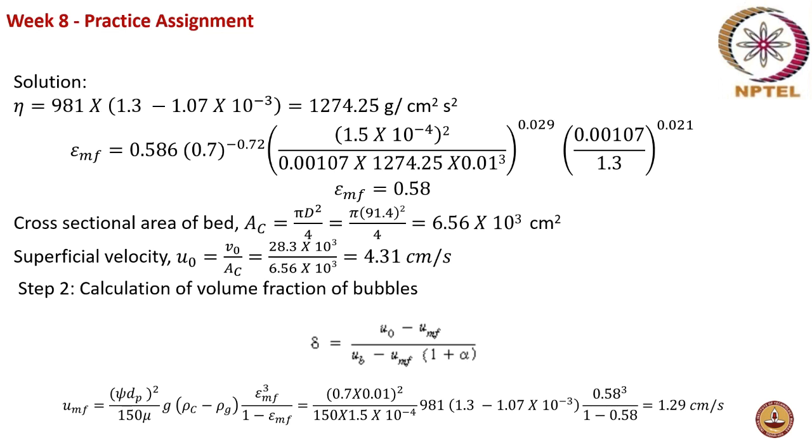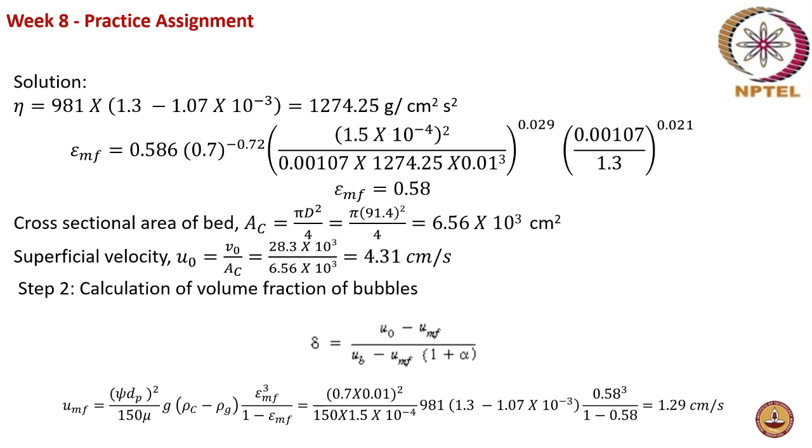So your minimum fluidization velocity is given by psi into dp the whole square divided by 150 into mu, the whole multiplied by g, which is the acceleration due to gravity, into rho c minus rho g, multiplied by epsilon mf cube by 1 minus epsilon mf, right. This was also discussed in last week's lecture itself.